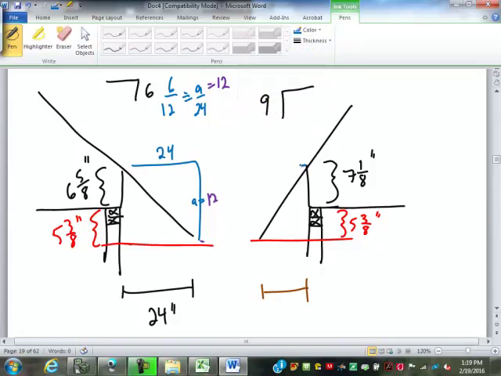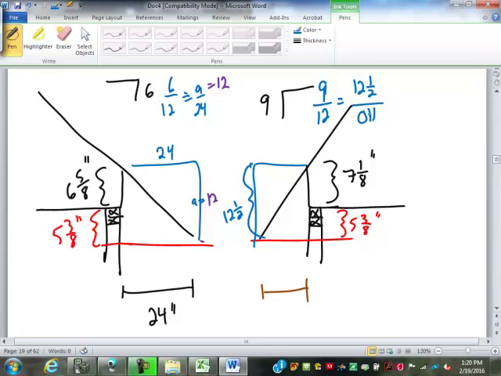Yeah? So now, this height here is known. 5 3/8 plus 7 1/8 is 12 1/2 inches, correct? So we have a 9, 12 slope. We know a rise of 12 1/2.